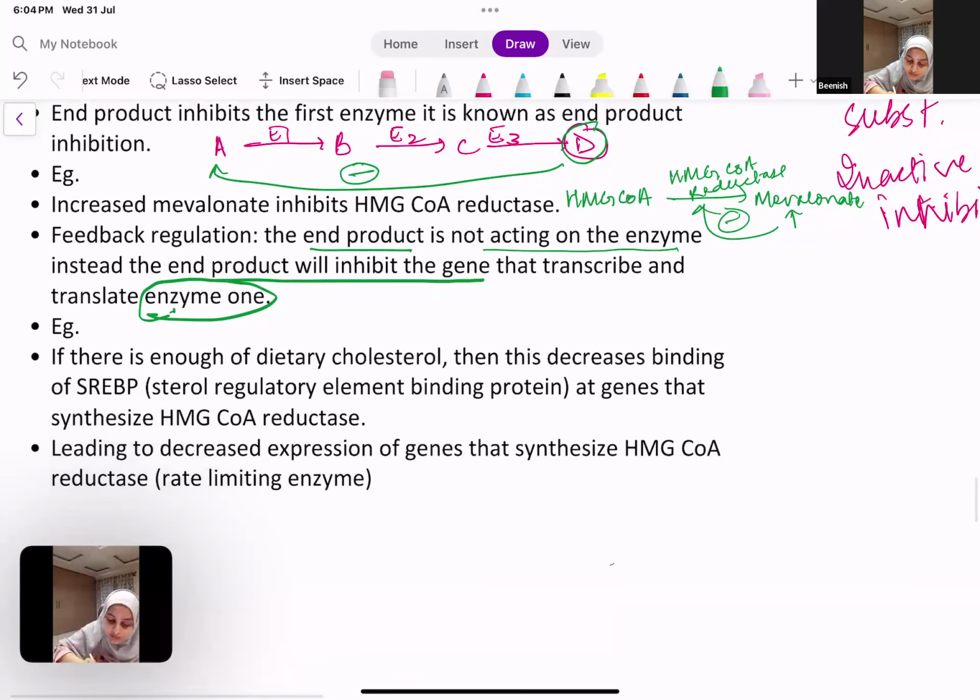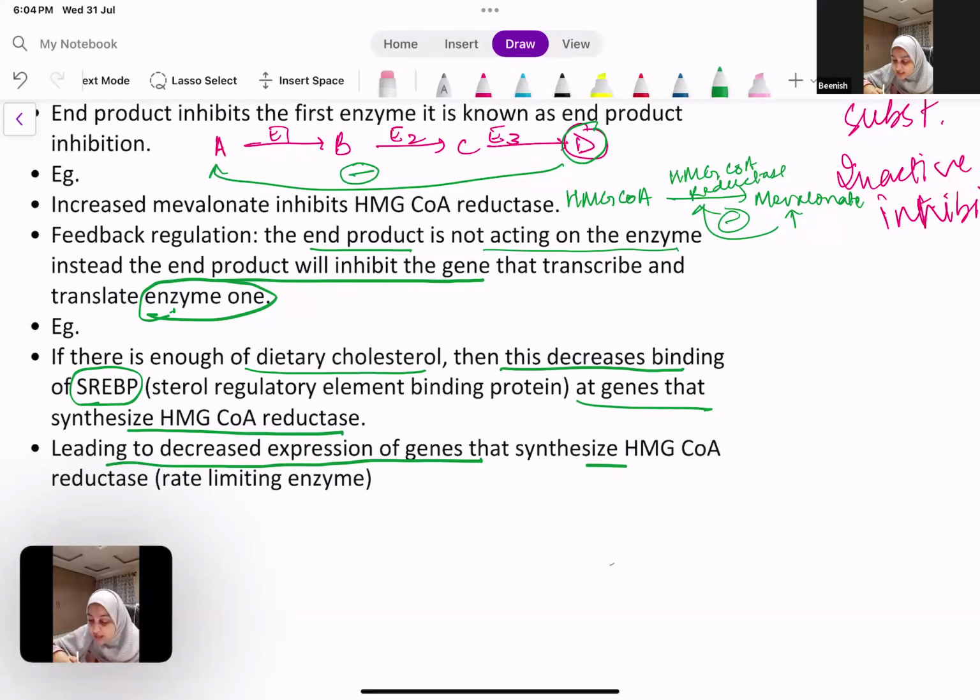For example, if there is enough dietary cholesterol, this decreases binding of SREBP at genes that synthesize HMG-CoA reductase. So the HMG-CoA reductase gene is going to be inhibited. That is feedback regulation, leading to decreased expression of the gene that synthesizes HMG-CoA reductase.